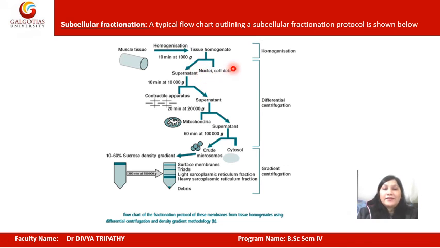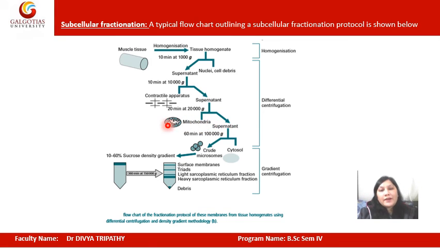We will separate this pellet from the supernatant, and the supernatant will then be subjected to the second cycle. This cycle will involve 10 minutes at 10,000 G. In this second cycle, we will get the pellet of contractile apparatus, and supernatant. We will separate the contractile apparatus from the supernatant, and the supernatant is further subjected to another cycle of 20 minutes and 20,000 G. In this cycle, we will get mitochondria pellet and supernatant.